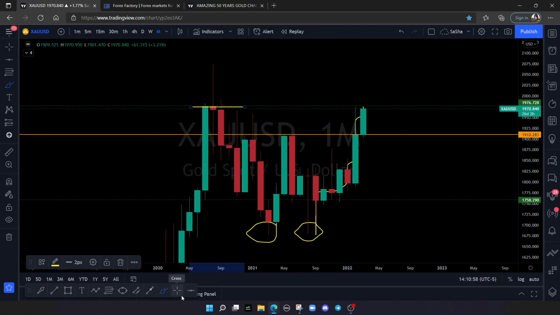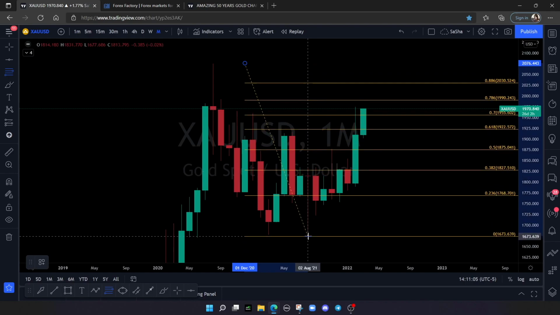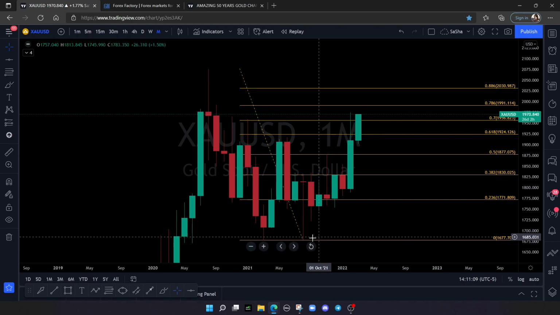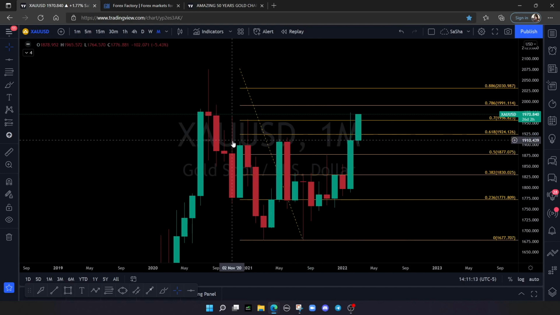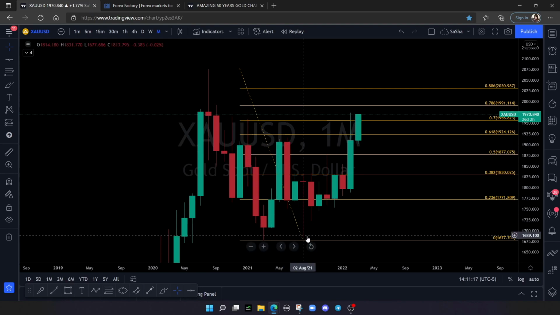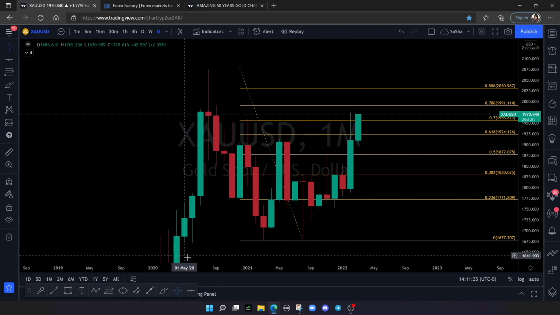Now let's have a look at the fib levels, once again for the whole drop down. So these are your fib levels. Gold came up to 50%, in fact closed above here in this area, and then dumped down, made a double bottom, and rose up. Last monthly candle: you see this monthly candle here?